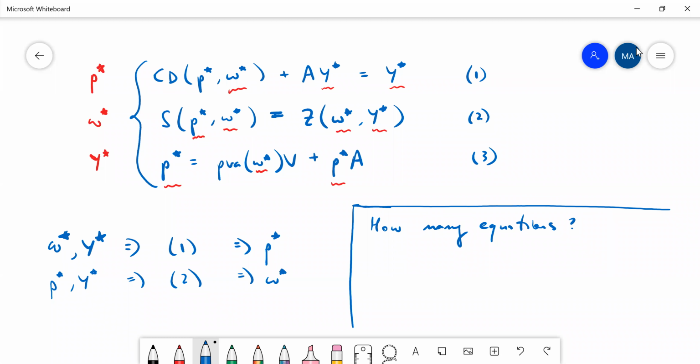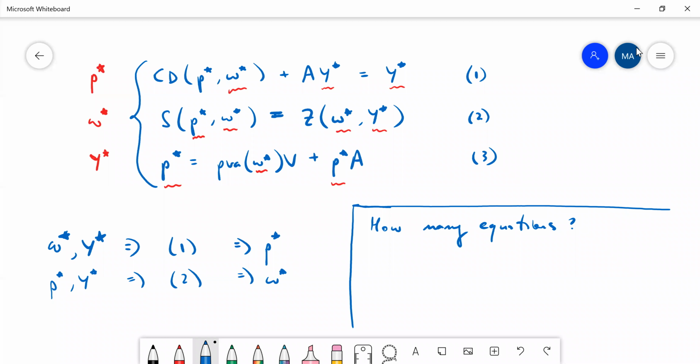It looks like 3, but it is not 3. That's obvious because these are all vectors. So how do you understand how many equations? Well, you're going to look at the sizes of these vectors. Look at the first equation.